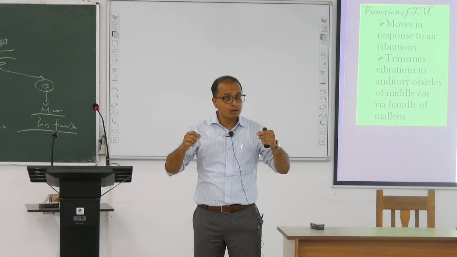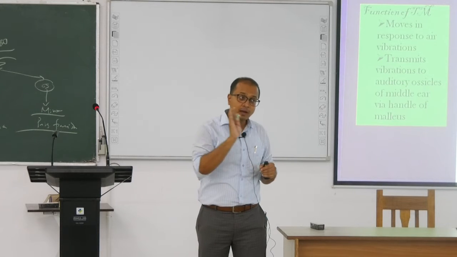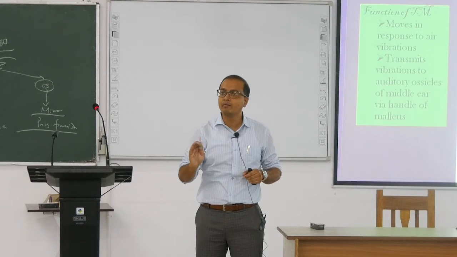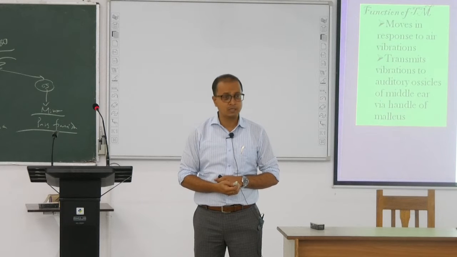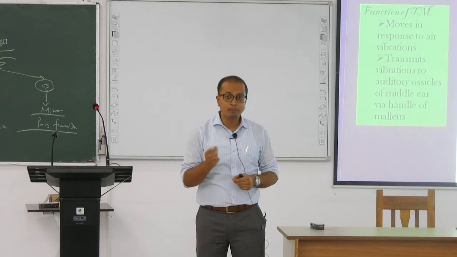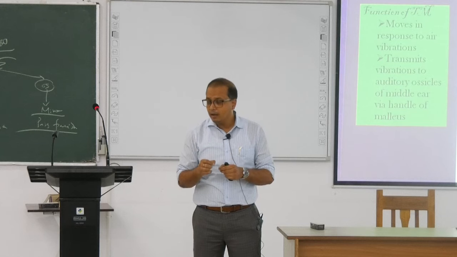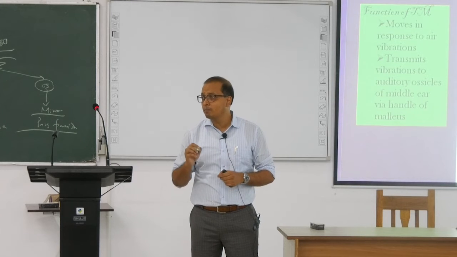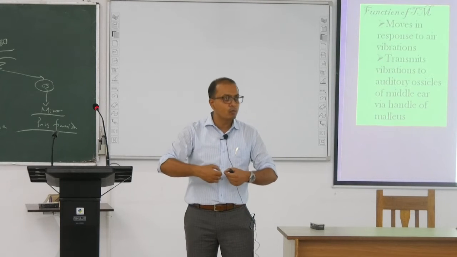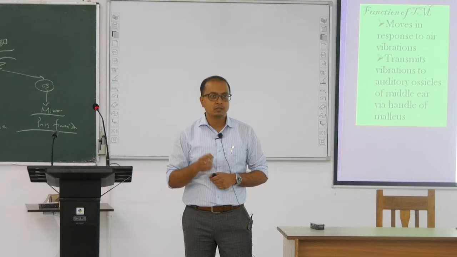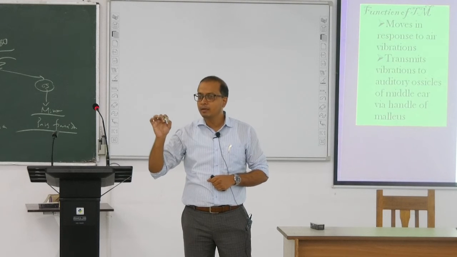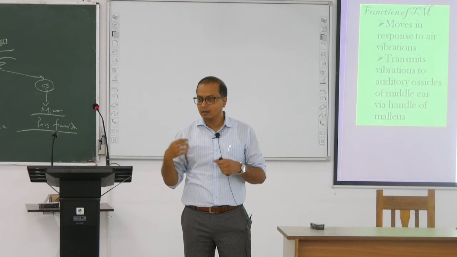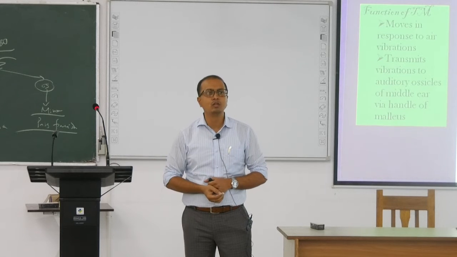Tense part, because it's tense. If you pinch there, it's going to have more impact than on the loose part, which can accommodate some kind of stretch. That's why rupture is more common on the tense part than on the loose part.